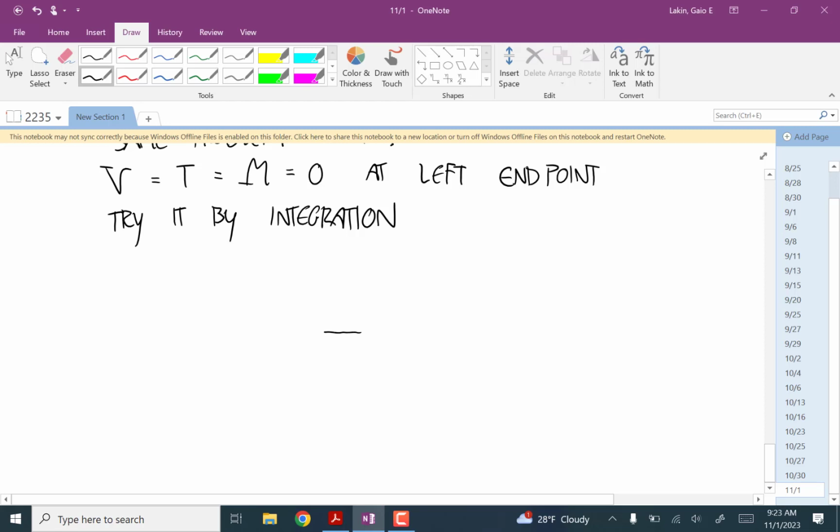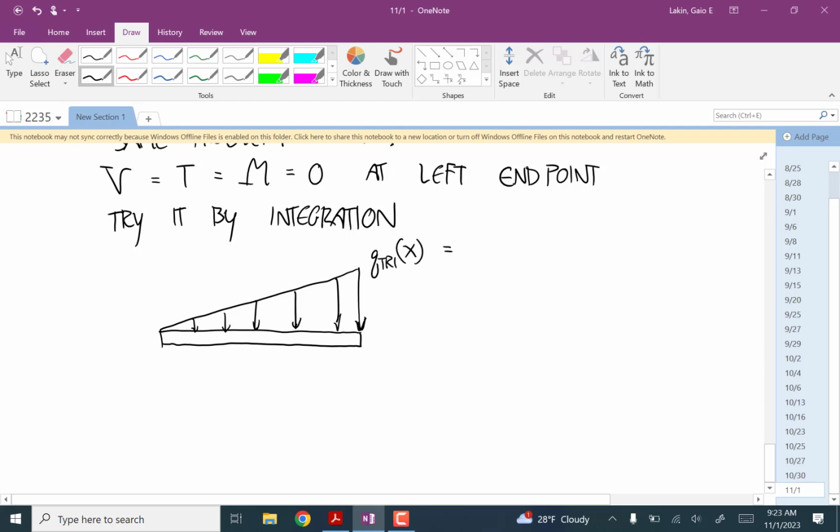Okay, so what we had was this: Q triangular is 333.3 repeating times x.